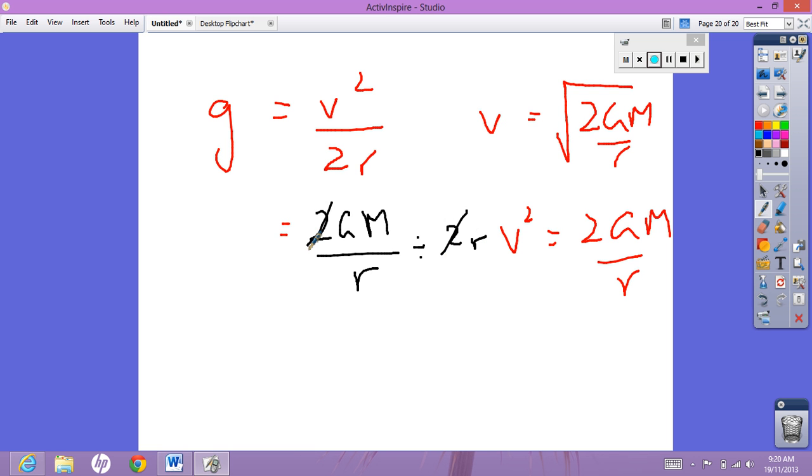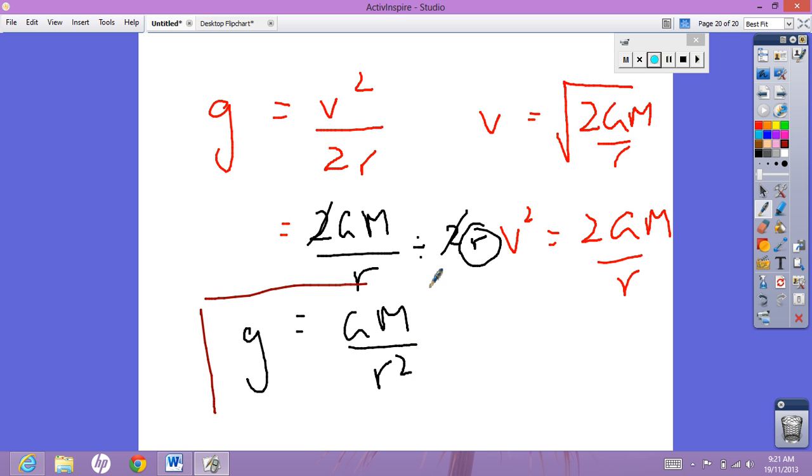The cancellation of the 2s happens, and that gives us GM on, and we get another division by R, so it's R times R on the bottom, which is R squared. And that is the other known formula for g. So we've shown what we needed to show.